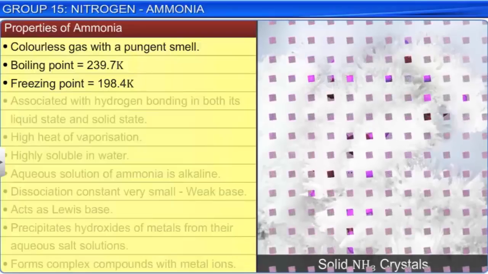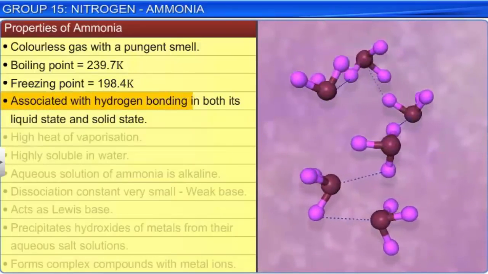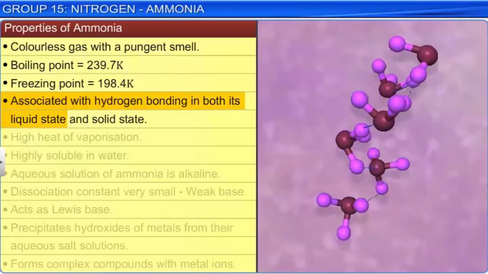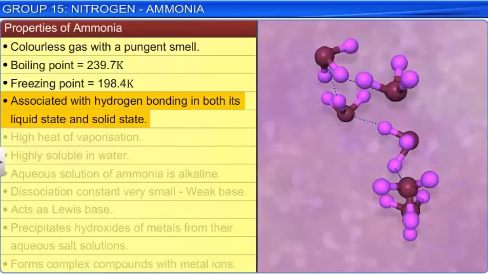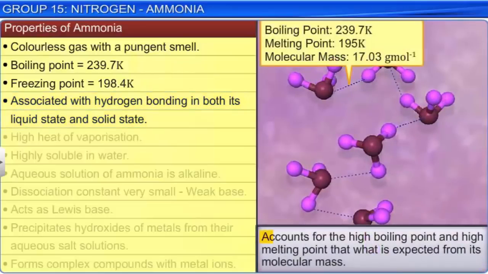You know that ammonia is associated with hydrogen bonding in both its liquid state and solid state. Hence, this factor accounts for the high boiling point and high melting point, than what is expected from its molecular mass.